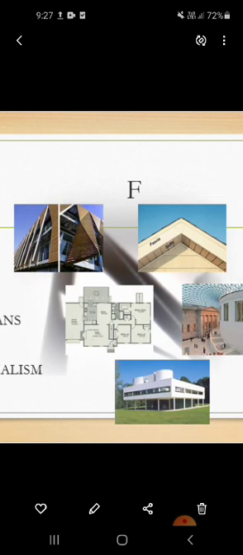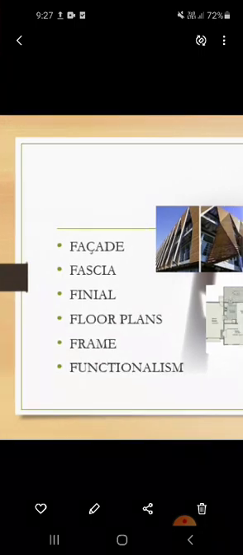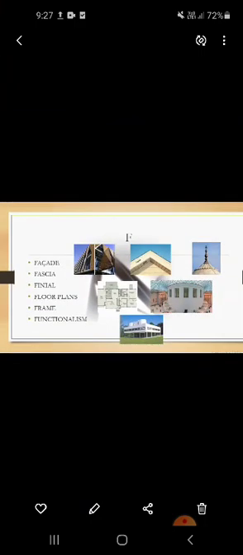You can post the answers. Form follows function. Whose words are these? The main idea of functionalism is that the building must be fit for the purpose of what the building is. Okay, so the building must be fit for the purpose.